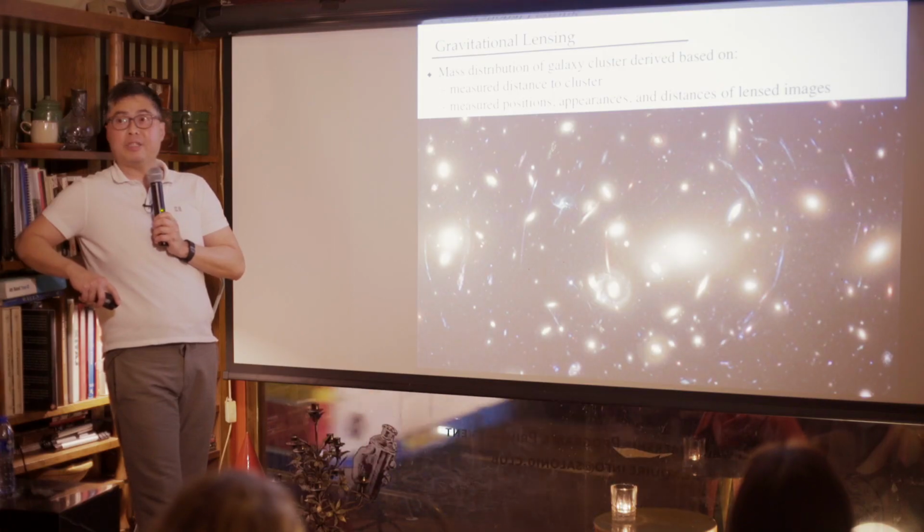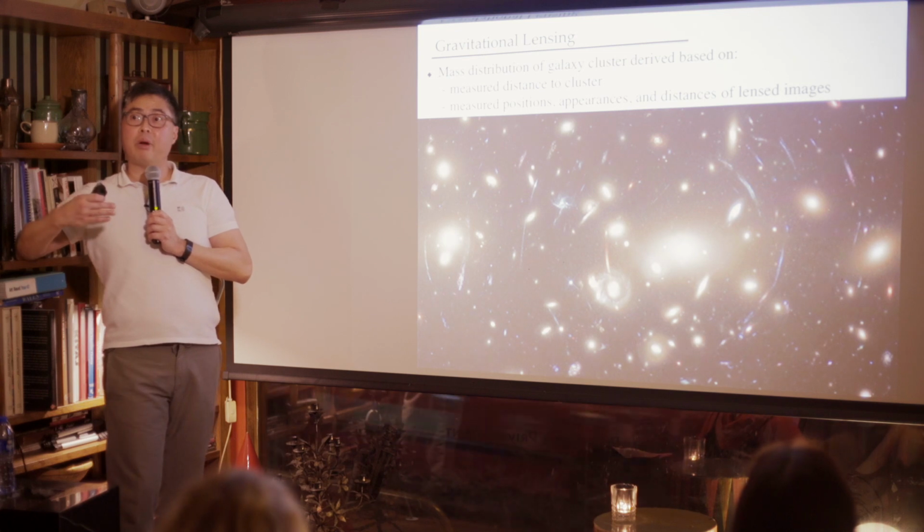So we need to derive the mass distribution, the lensing power of the cluster, to know what the galaxy actually looks like, and also how bright it is. How bright it is is key to allowing us to determine whether these are really faint galaxies or bright galaxies.